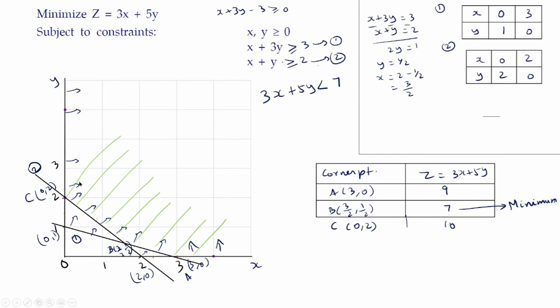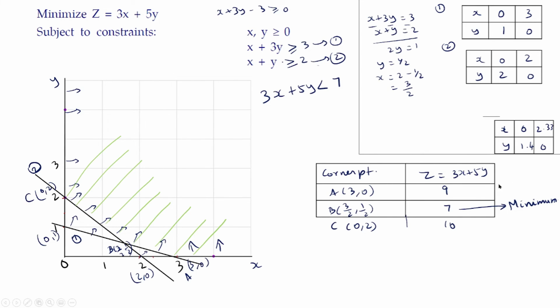Now let us draw the line corresponding to 3x plus 5y equal to 7. Again, all these can be done in rough. When x is 0, y is 7 by 5, it is 1.4. Then when y is 0, x is 7 by 3, it is 2.33.